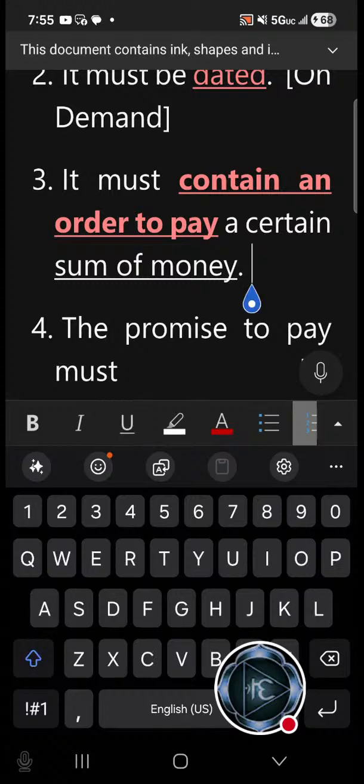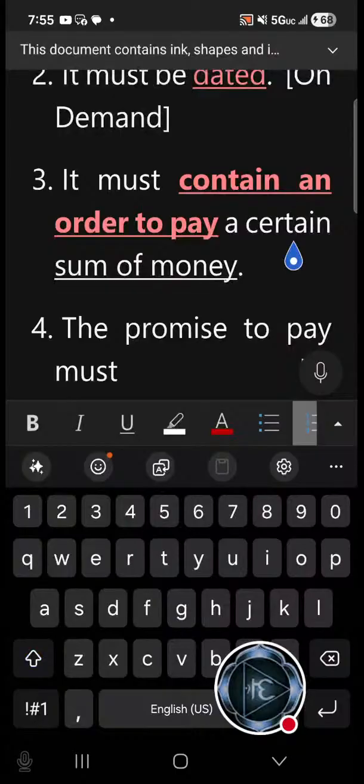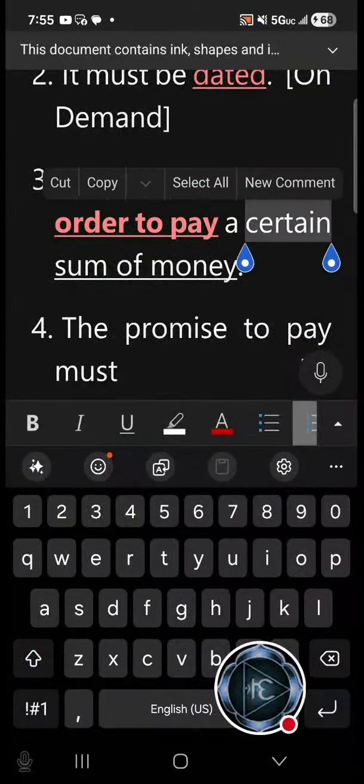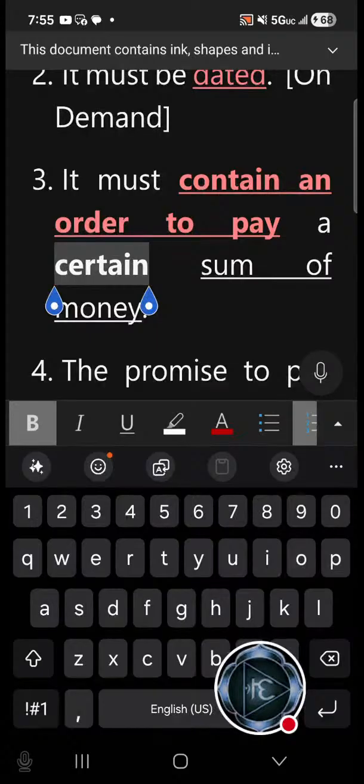Okay, it must contain an order to pay a certain sum of money. A certain sum meaning there shouldn't be two or three or four different amounts.